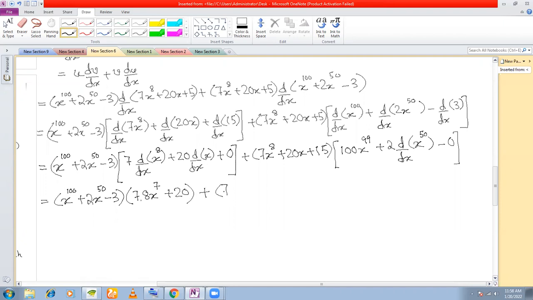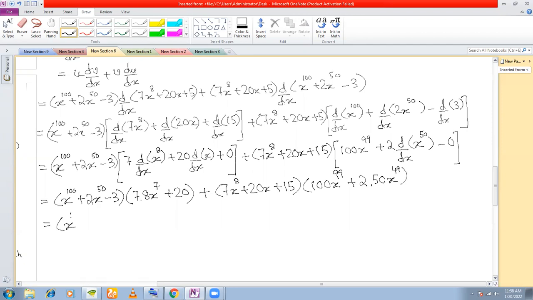And now this as it is, 7x to the power of 8 plus 20x plus 15 into 100x to the power of 99 plus 2 into d/dx of x to the power of 50, which is 50x to the power of 49, right?